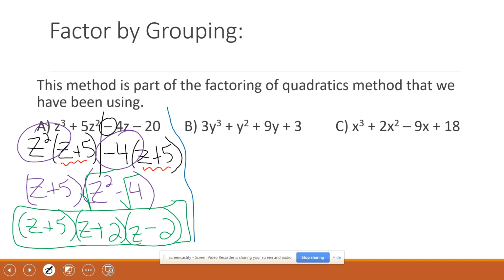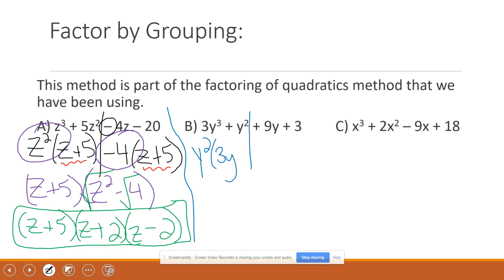Example B. Again, we already have 4 terms, so we're splitting it in half. The common factor on the left is y squared. 3y cubed divided by y squared is 3y.